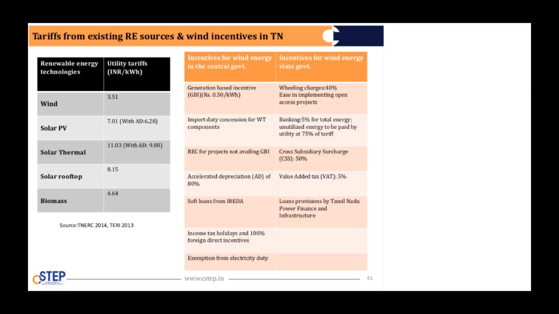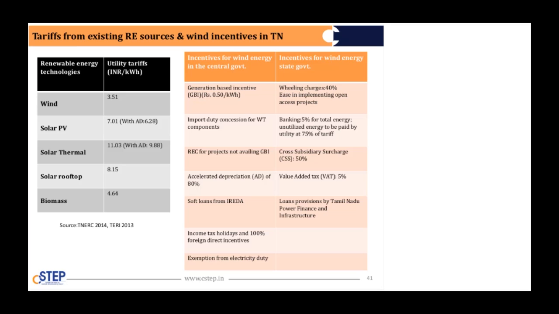Now, tariffs from existing renewable energy sources that we see. Onshore wind currently costs 3.5 rupees a kilowatt hour, versus what we earlier saw for zoning, where the cost is 13 rupees, so roughly 4 times the cost. Similarly, solar is 7 rupees, biomass is 4 rupees.